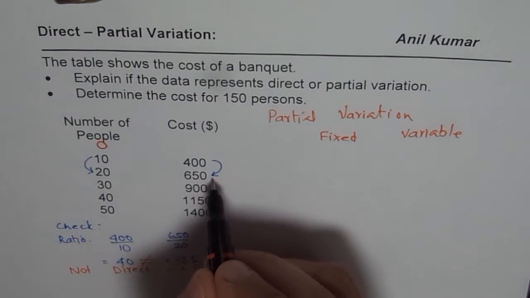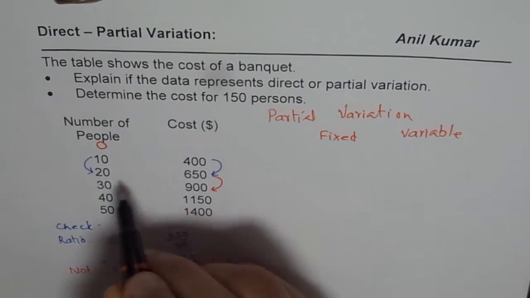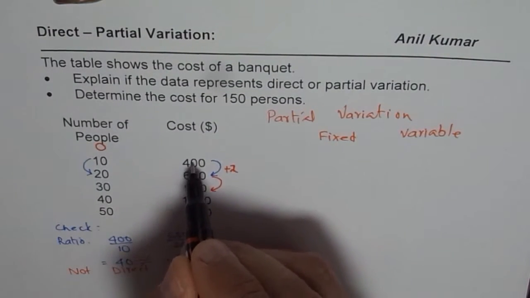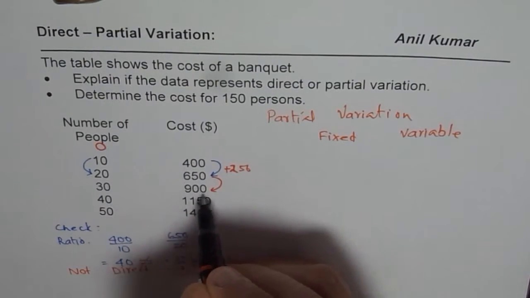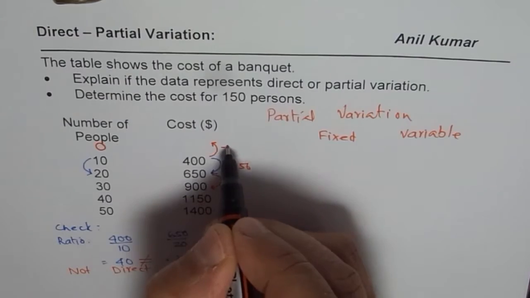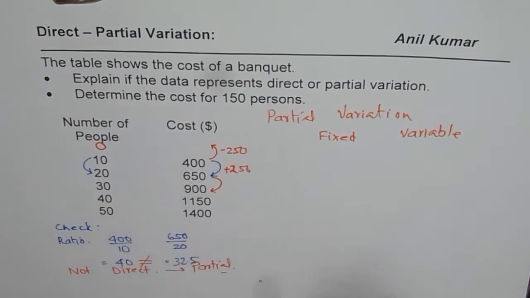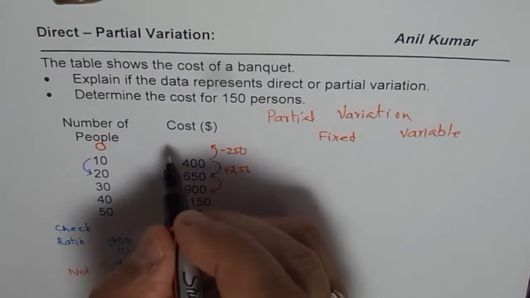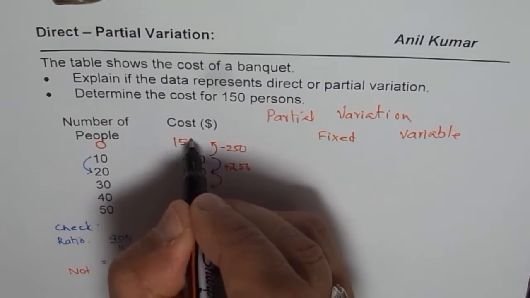As we move by tens, we are adding 250. So 650 minus 400 is 250. For zero persons, it should be minus 250, so 400 minus 250 equals 150.